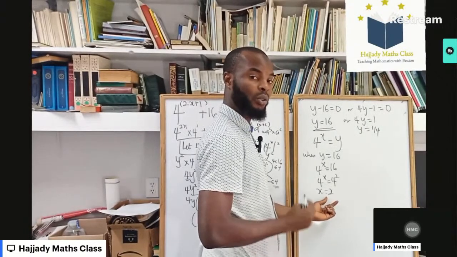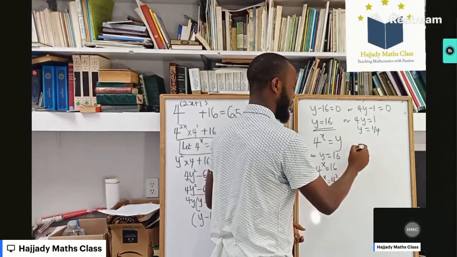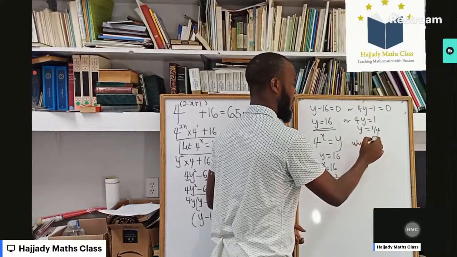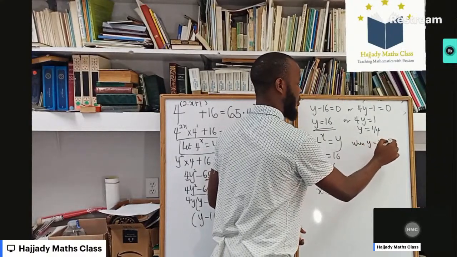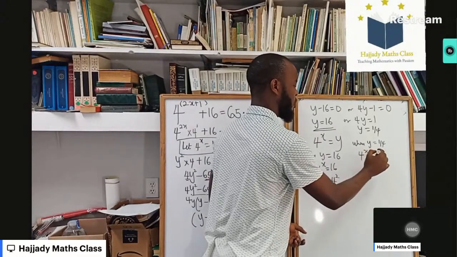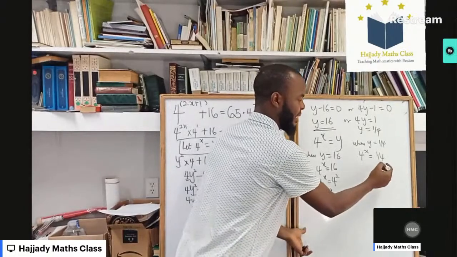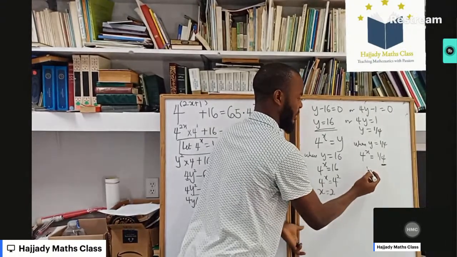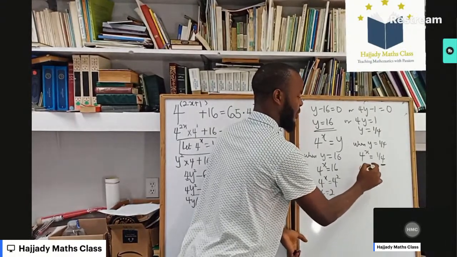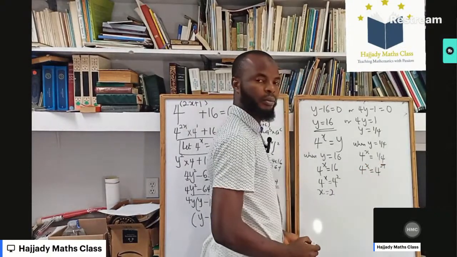And in a quadratic equation, we need to get the two values for x. Alternatively, when y equals 1/4, okay, we have 4 to the power of x equals 1/4. Writing this in index form, here I'm going to have 4 to the power of x equals 4 to the power of -1.